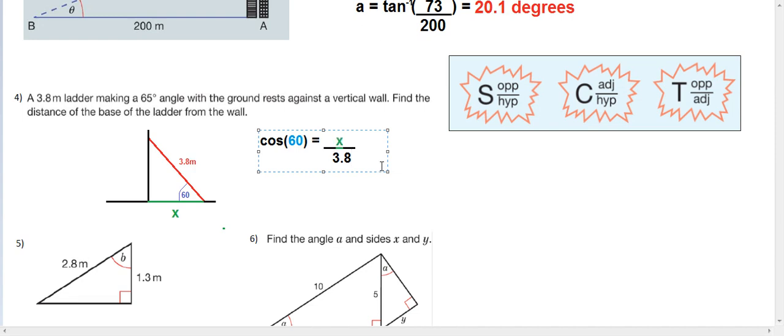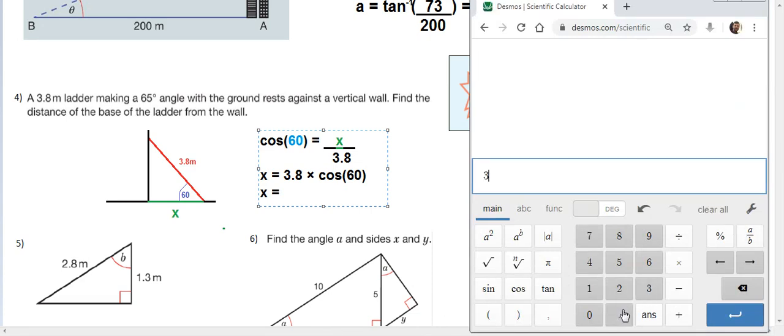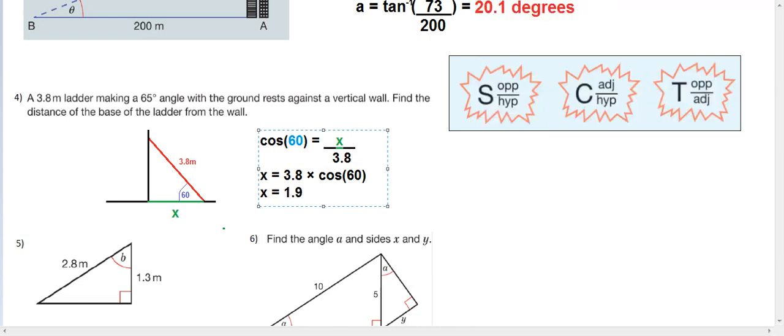So when I pass it to the other side, I find that x is equal to 3.8 times cosine of 60. Now it's easy to find the solution. X is equal to, take your calculator, clear all, 3.8 times the cosine of 60 degrees, 1.9 meters. That's the answer, 1.9.